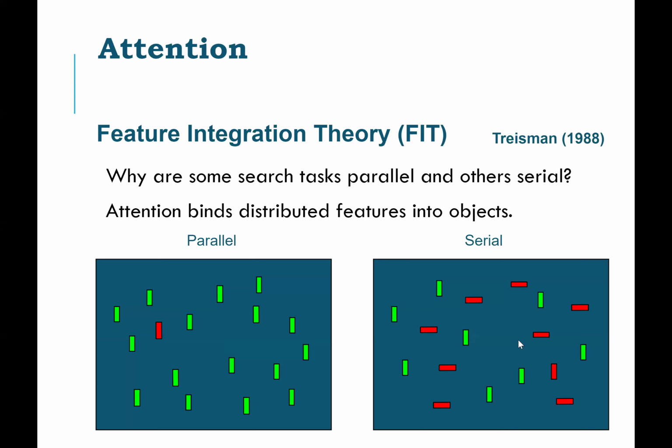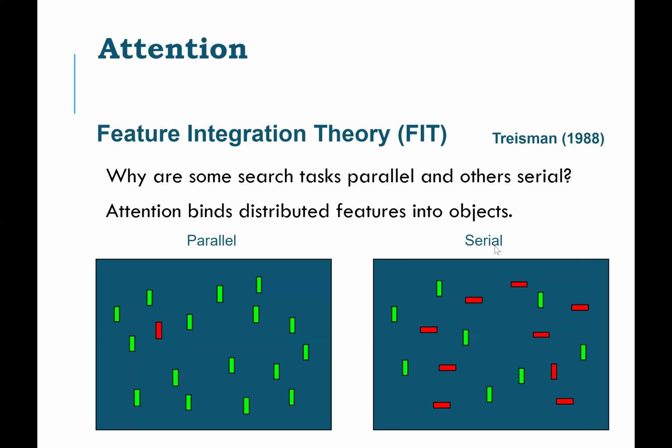In this case, however, you have an orientation map somewhere, you have a color map somewhere. The challenge is you have to combine the two in order to know what the target is. You don't have a map yet where all the colors or orientations of different objects are clearly bound together.